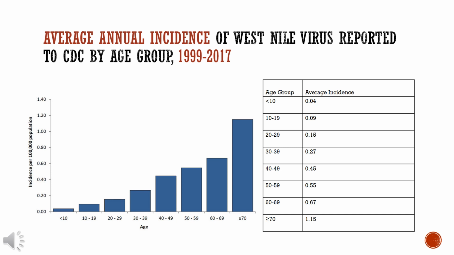From 10 to 19, we have 0.09. 20 to 29, 0.15. 30 to 39, 0.27. 40 to 49, 0.45. 50 to 59, 0.55. 60 to 69, 0.67. And over the age of 70 is 1.15.